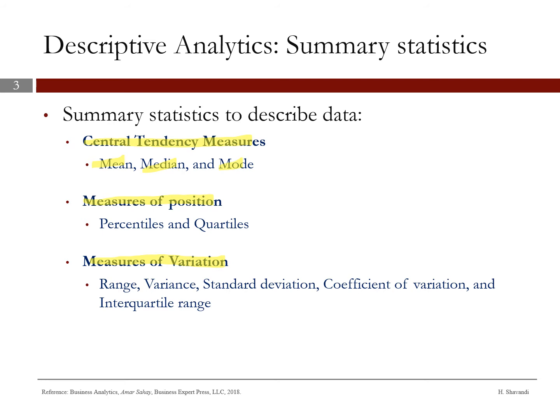In measures of position, we calculate percentiles and quartiles. And in measures of variation, we have different measures like the range, variance, standard deviation, coefficient of variation, and interquartile range. So let's go through the details of these measures.